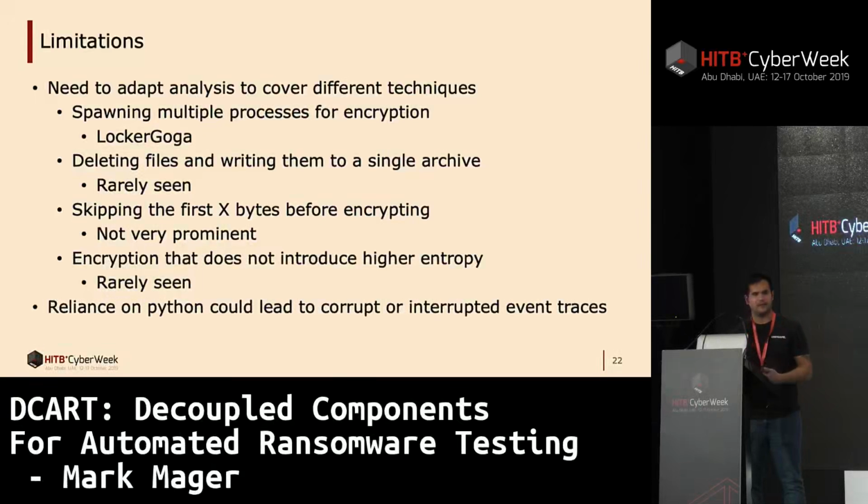You could tie this activity back to the parent process that's launching all these child processes to enact the encryption and deletion, but we would have to do that in the analysis stage to correlate that activity. We'd have to modify the event schema to take into account the parent process if we wanted to make those correlations. It's something we could definitely analyze and connect the dots on, but the framework would need to be changed a little bit to accommodate that.